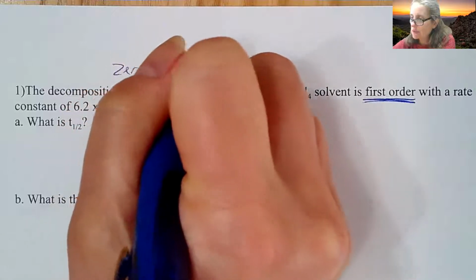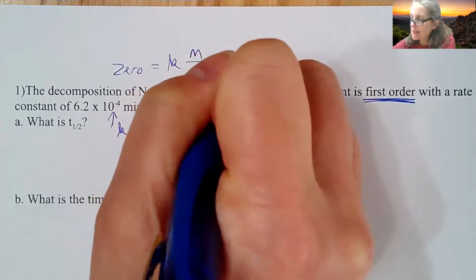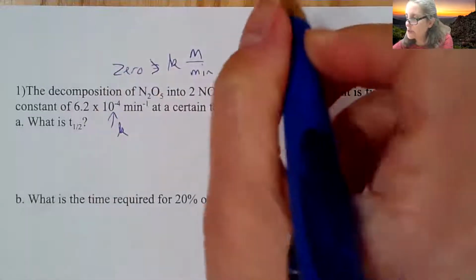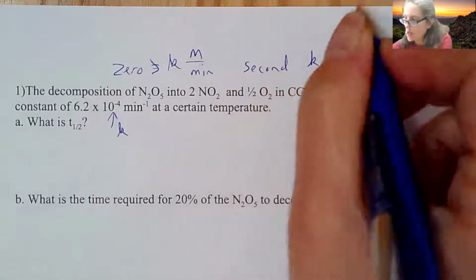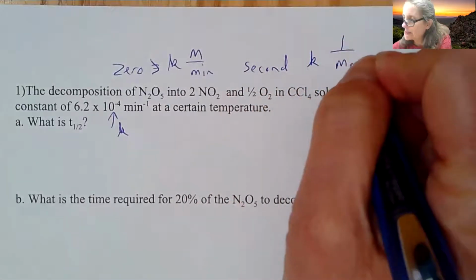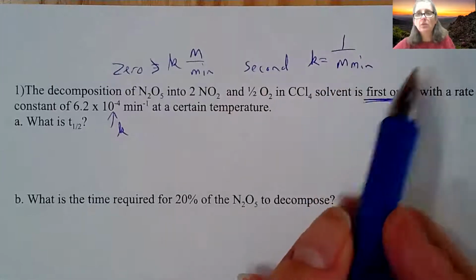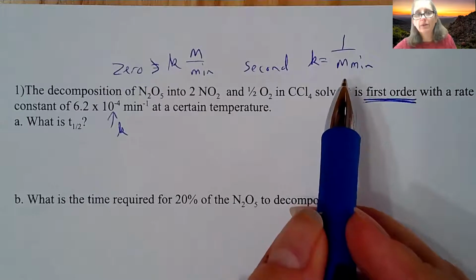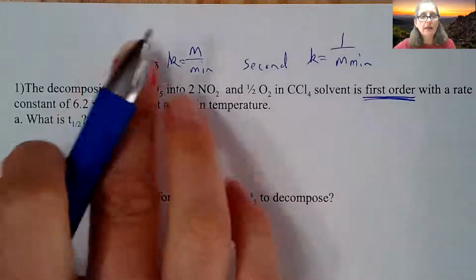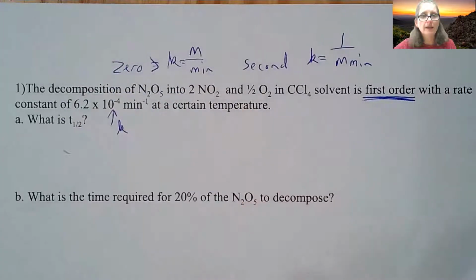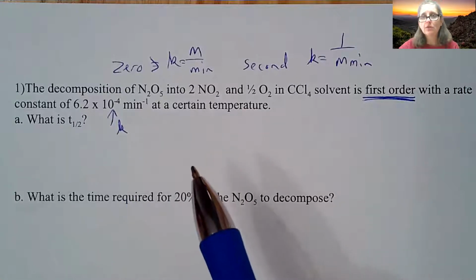A zero order reaction would always have K as molarity over the time frame. If it was a second order reaction, the K would be 1 over molarity minutes, because you would see molarity squared, bring it over to the other side, and have molarity on the bottom. So if you have any problems where K is given, you can look at the units to determine if it's zero, first, or second order.